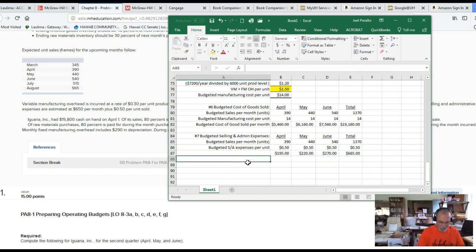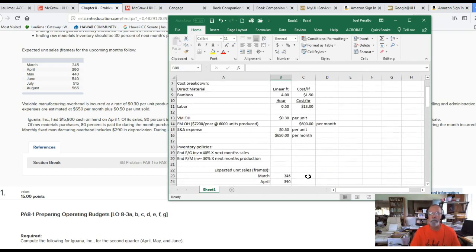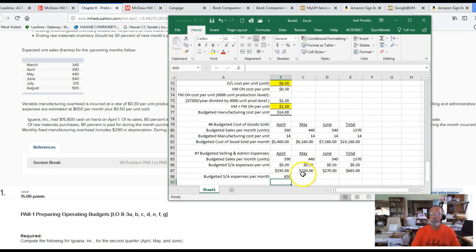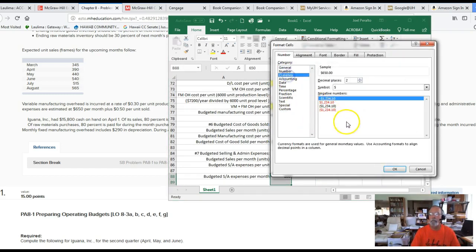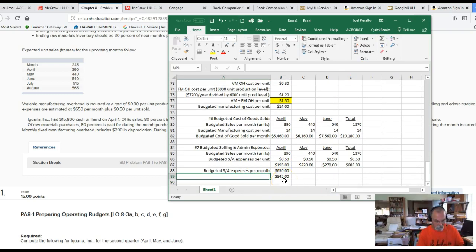And then we add the budgeted S and A per month, which was $650. Budgeted S and A expenses per month.